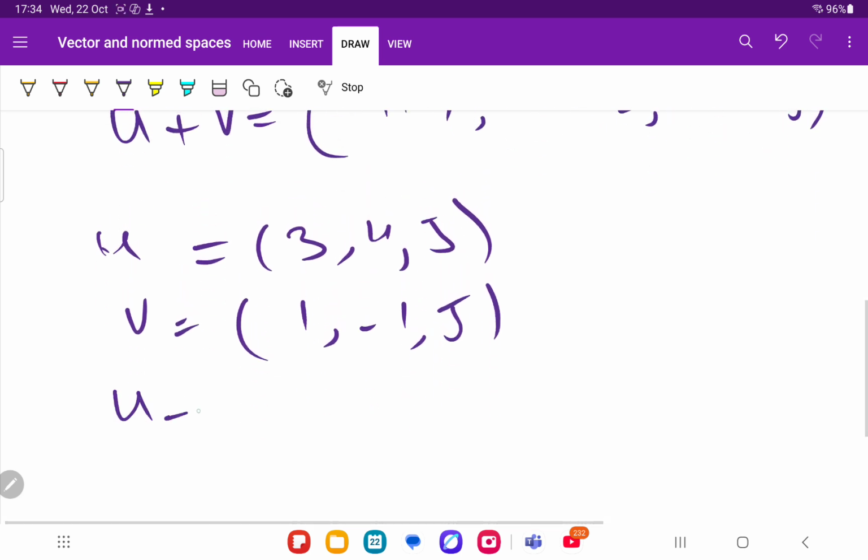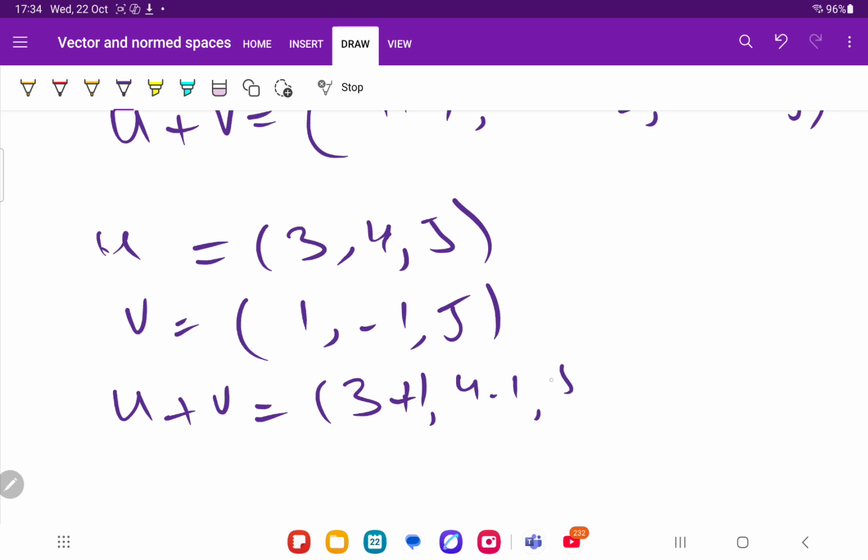If you would like to add these two vectors, u is a vector, v is also a vector: 3 plus 1, 4 minus 1, 5 plus 5.